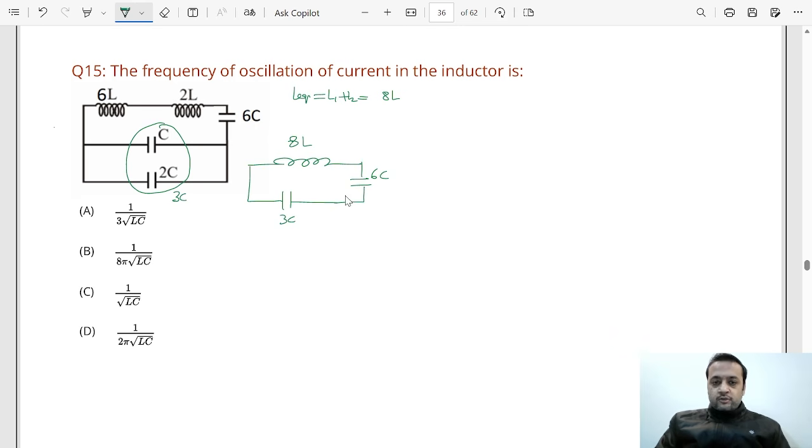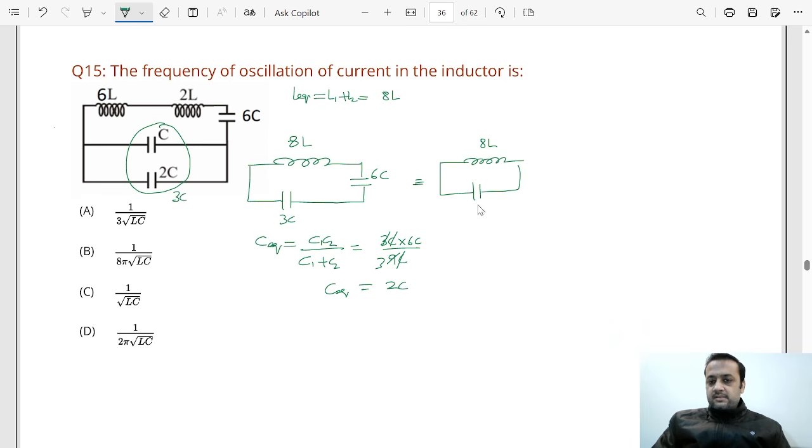Now that they are in series, we can club them, and C equivalent will be C1 C2 divided by C1 plus C2. That means 3C into 6C divided by 3 plus 6, which is 9C. From here this becomes 6 by 3, which is 2C. So this is the value of C equivalent. Effectively this circuit becomes a single inductor and single capacitor circuit, and the equivalent capacitance is 2C.